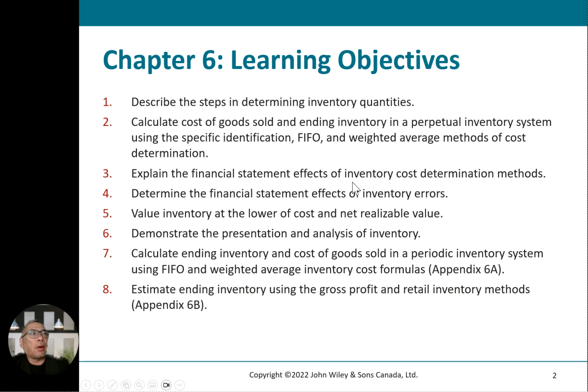Explain the financial effects of inventory cost determination methods and the financial statement effects of inventory errors, value inventory at the lower of cost and net realizable value, demonstrate the presentation and analysis of inventory, calculate ending inventory and cost of goods sold using a periodic inventory system such as FIFO or weighted average cost formula in Appendix 6A, and then estimate ending inventory using the gross profit as well as retail inventory methods.